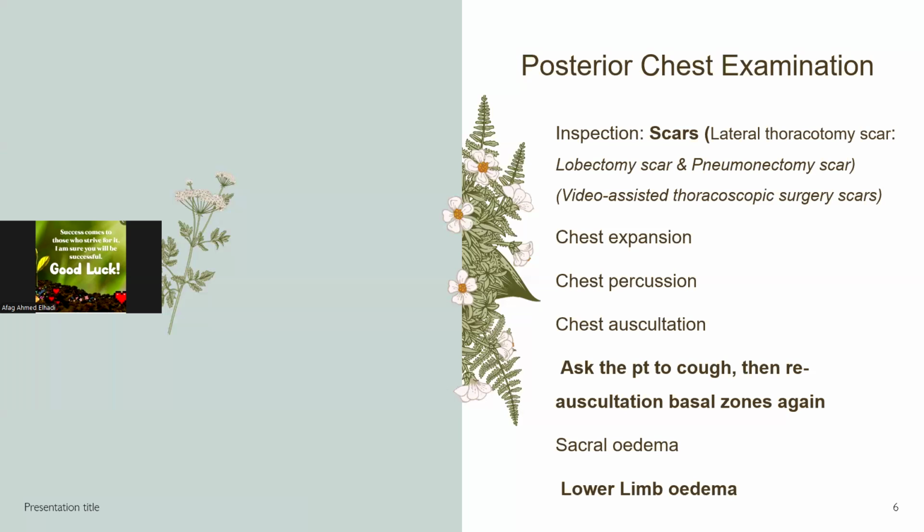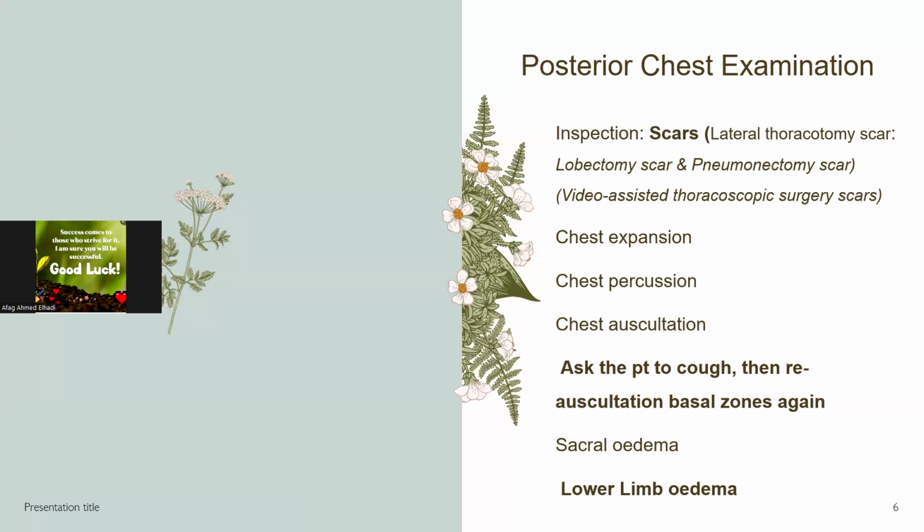If you see these scars, we have either pneumonectomy or lobectomy. This is our differential. And if you find the scars, you need to concentrate very well on whether this patient has localized signs just at the scar area, whether in the upper lobe, the middle lobe, or the lower lobe, if the patient has had a recent lobectomy.